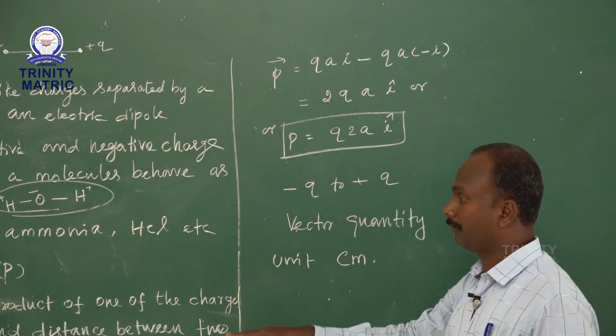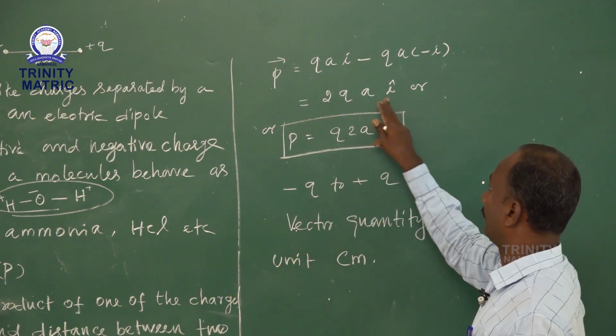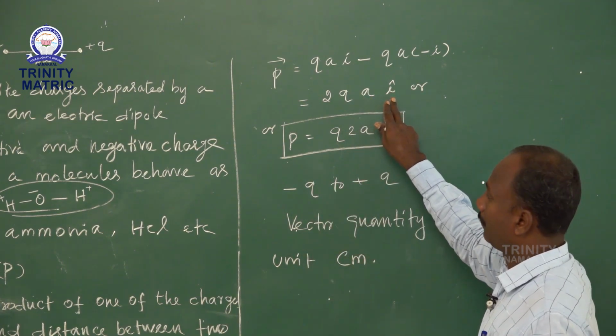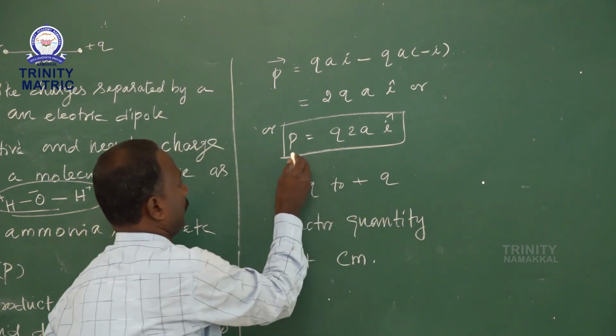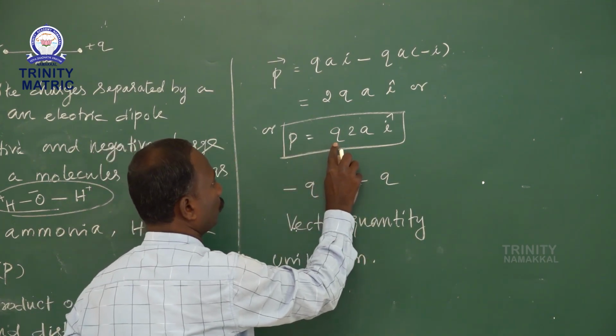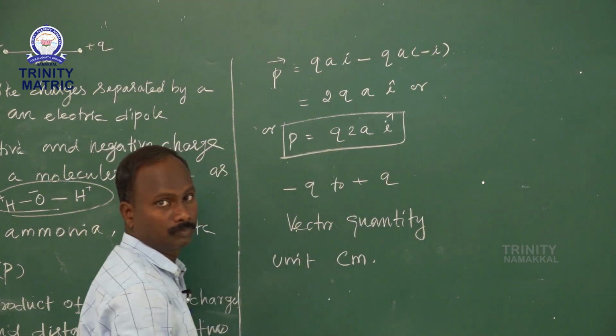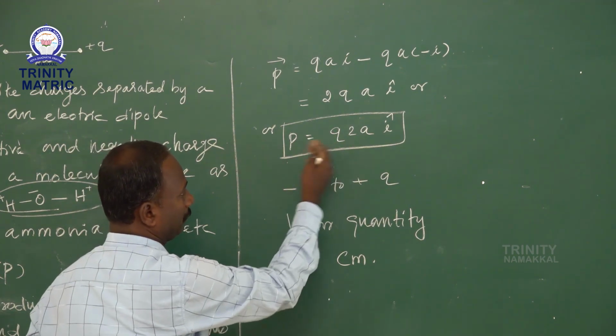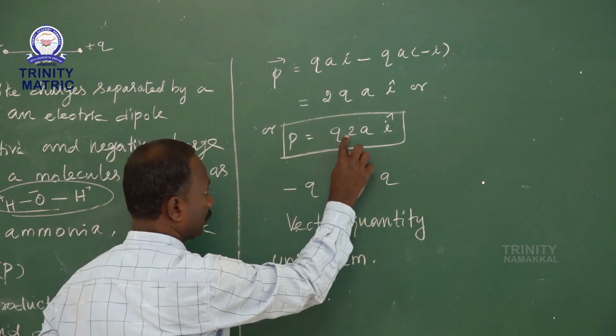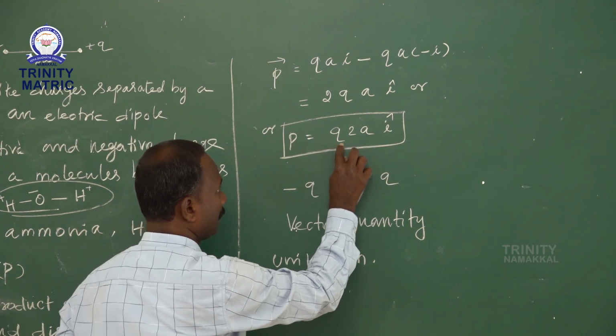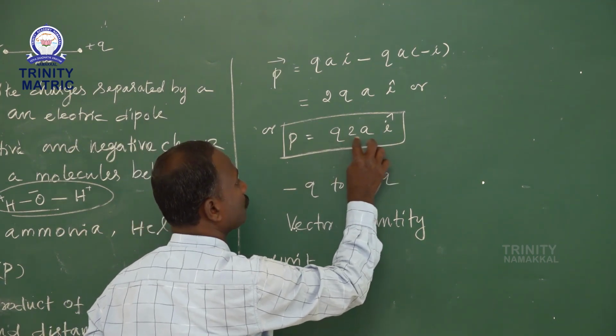The i vector represents the direction of the dipole moment, here along the x direction, so we put the i cap. So the dipole moment P is equal to q into 2a, from the definition, the product of one of the charges and the distance between these two charges.